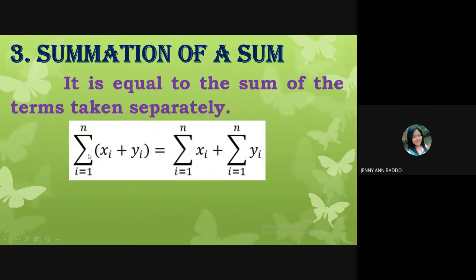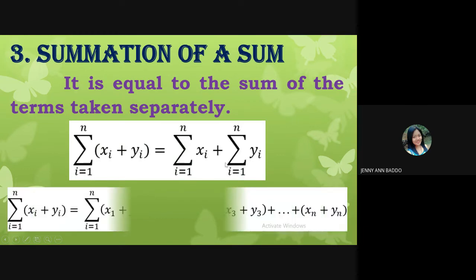Formula, we have summation of x sub I plus y sub I, where I ranges from 1 to n. Or we can separate those two variables and make each a summation before adding. So we have summation of x sub I, where I ranges from 1 to n, plus summation of y sub I, where I ranges from 1 to n.